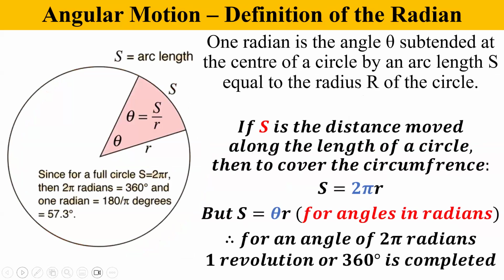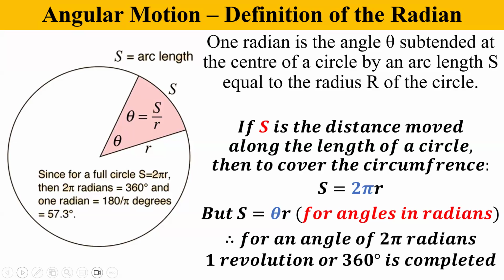All right, so from this definition of radian, a radian is the angle theta subtended at the center of the circle by an arc of length equal to the radius of the circle, right?